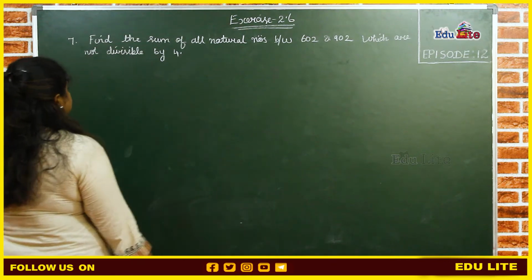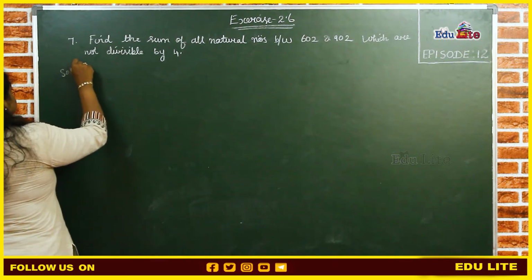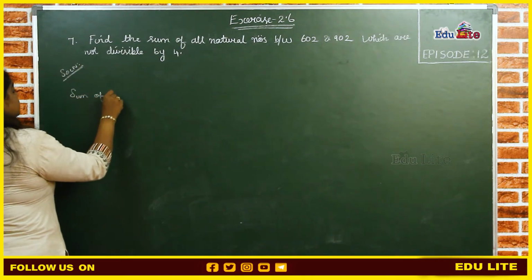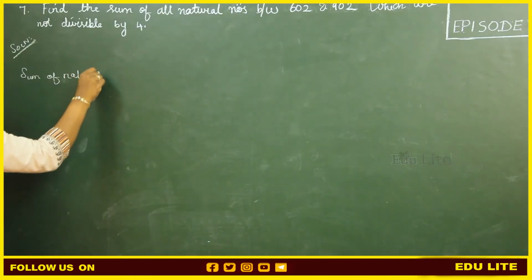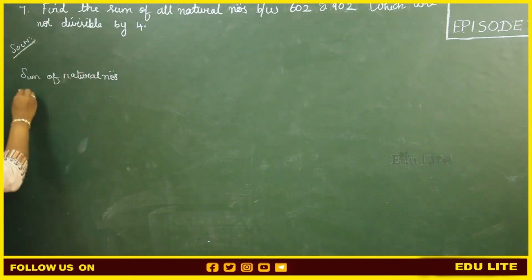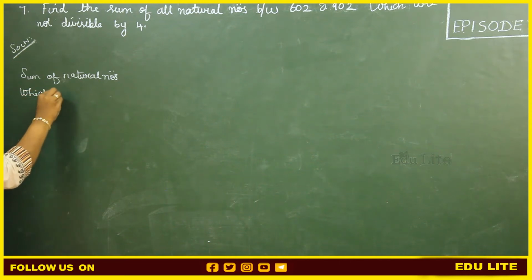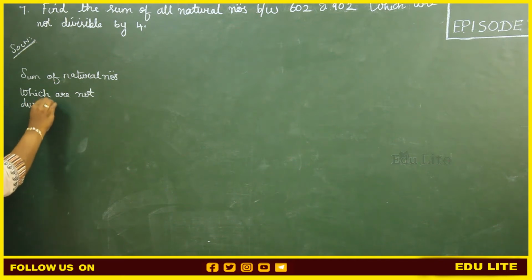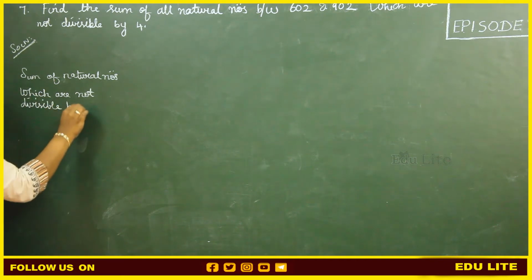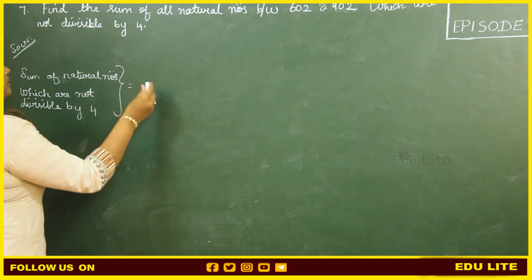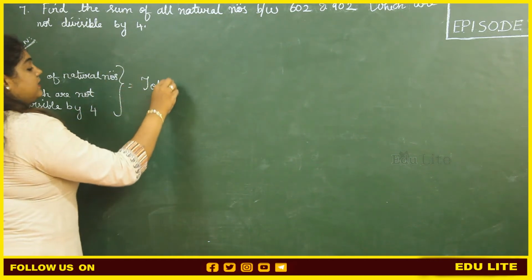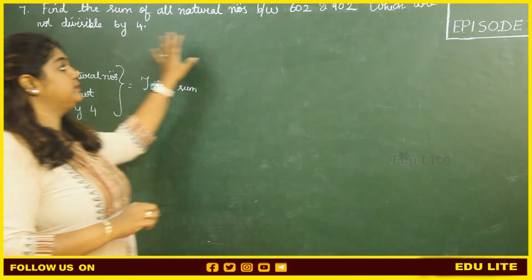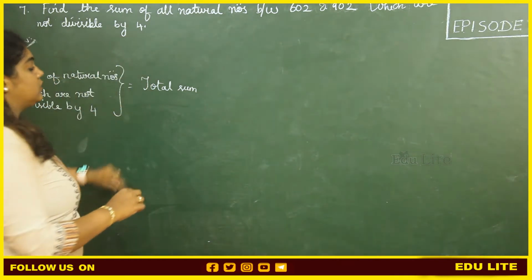So, to find the sum of natural numbers which are not divisible by 4, we will find the total sum. Total sum means the sum of all natural numbers between 602 and 902.